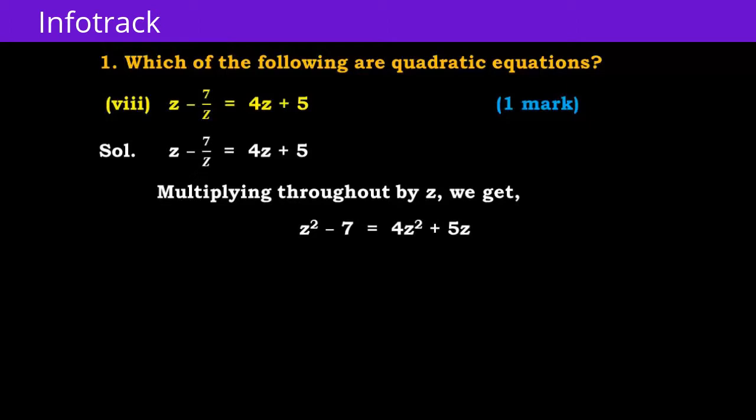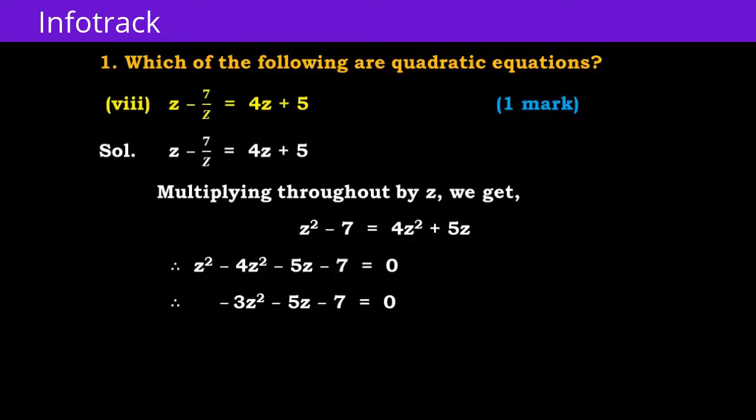Now see, one side of a quadratic equation is always 0. So you can bring all the terms to one side. You will have z square minus 4z square minus 5z minus 7 is equal to 0. So z square minus 4z square becomes minus 3z square minus 5z minus 7 is equal to 0.